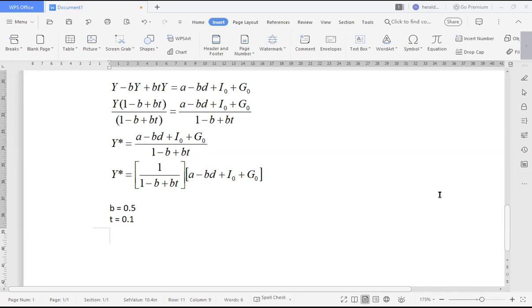Ma'am, for us to factor out B from the expression 1 minus B plus BT, because there is no B in the 1. You can do that in the minus B plus BT because there is a 1 there. And I tried substituting, for example, A is equal to 2, B is equal to 3, D is equal to 4, and T is equal to 0.1. I tried substituting it to both equations and it yields different answers.